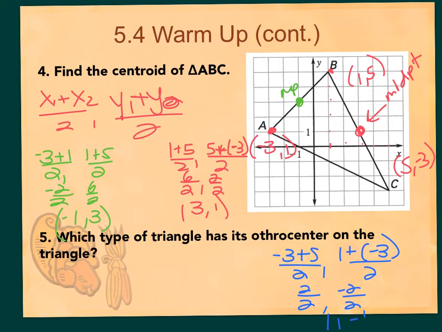And I get 1, negative 1. And then where these 3 meet is my centroid, which is 1, 1.